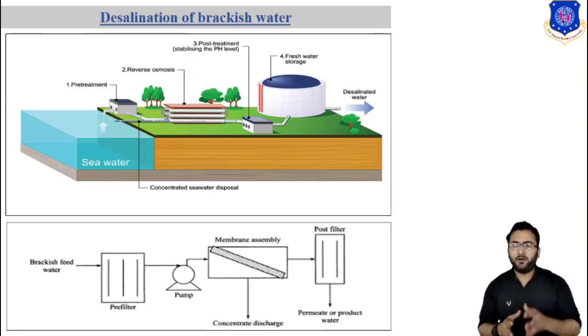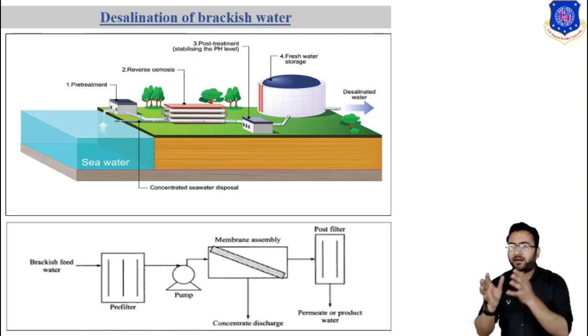Typical pressure for brackish water ranges from 225 to 375 psi, or we can say 1.6 to 2.6 megapascal. In the case of seawater, it ranges from 6 to 8 megapascal. The membrane assembly consists of a pressure vessel with a membrane that the feed water passes against. The membrane must be strong enough to withstand whatever pressure is applied against it.